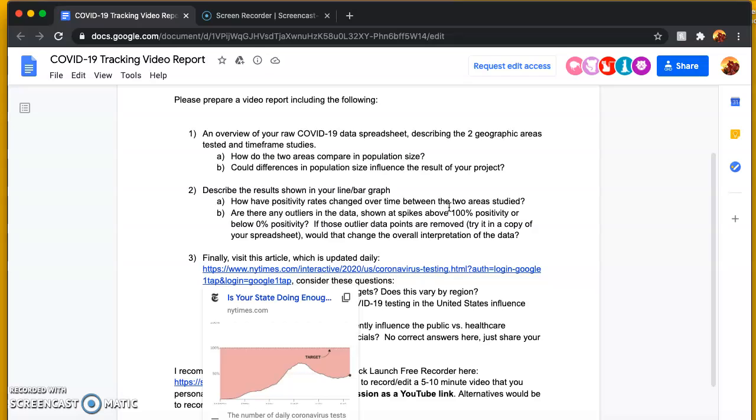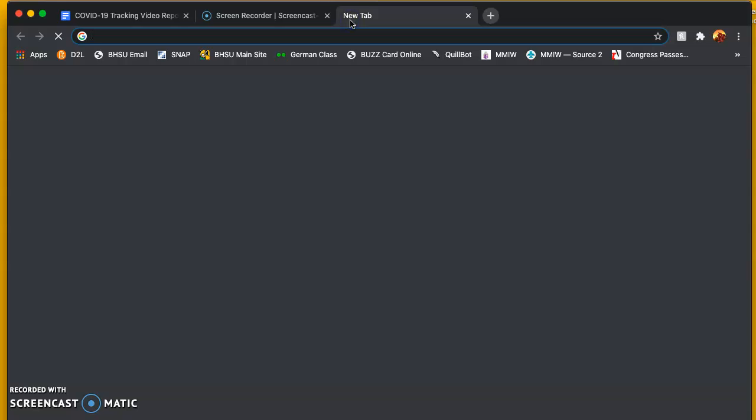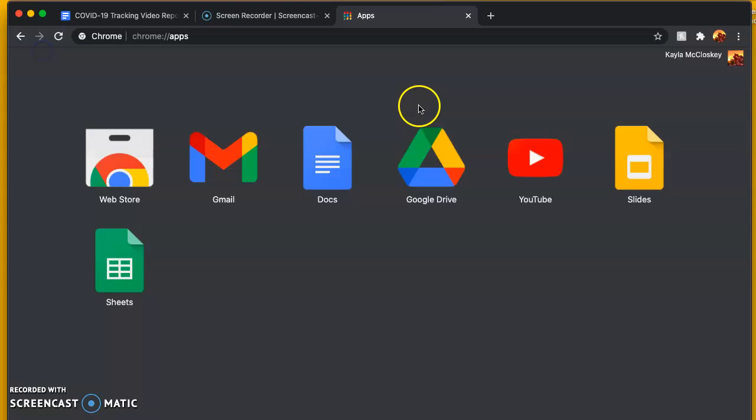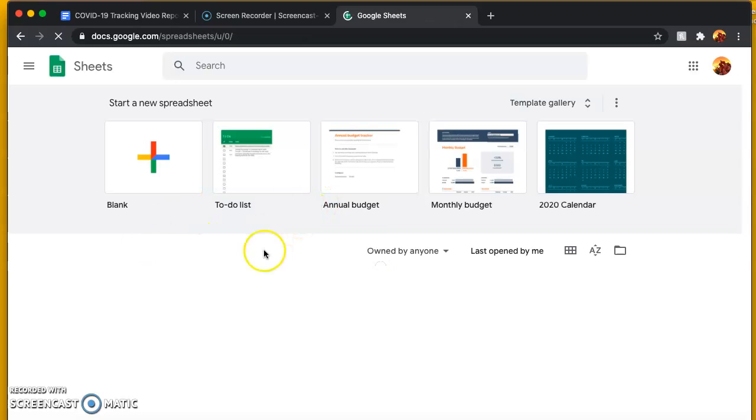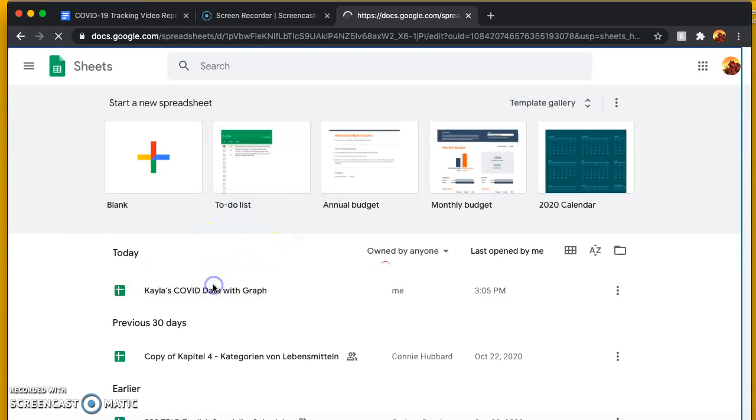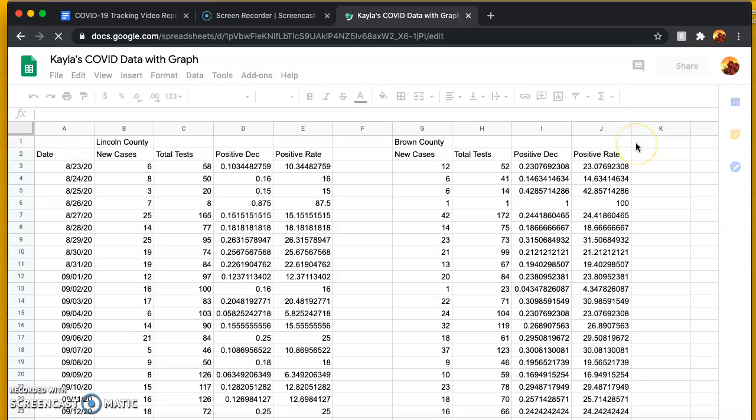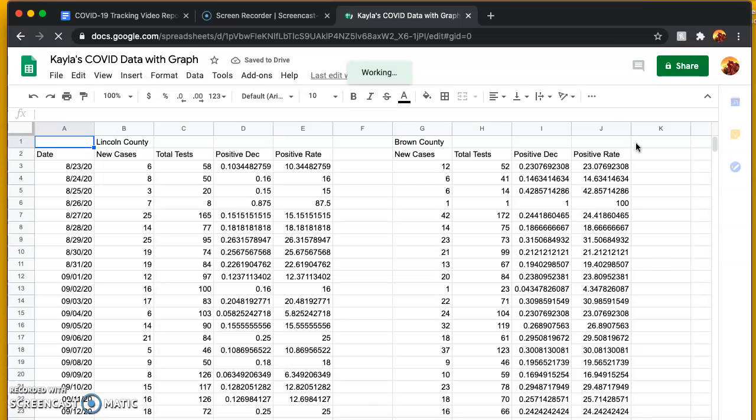How do the two areas compare in population size? Okay, let's open my sheets. So I did my COVID data over Lincoln County and Brown County.